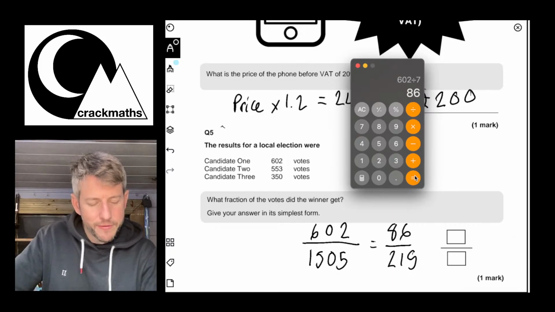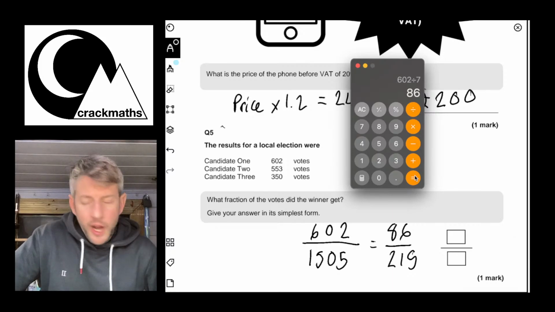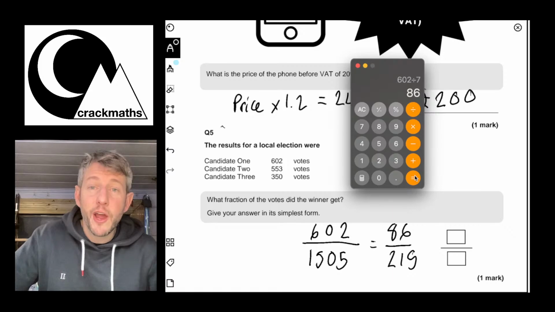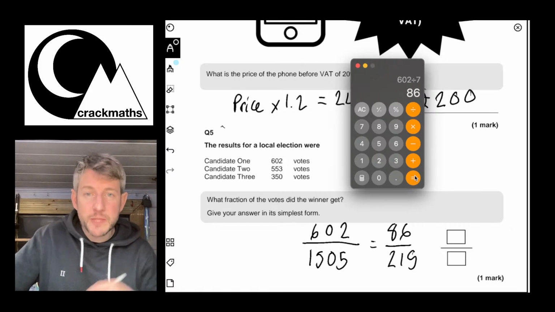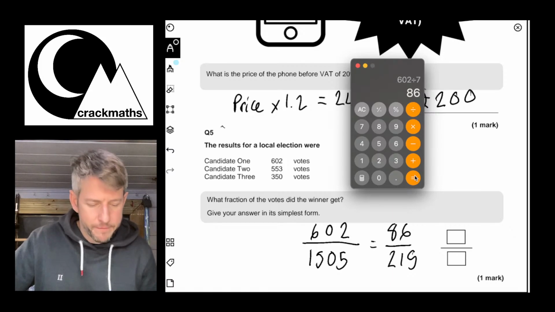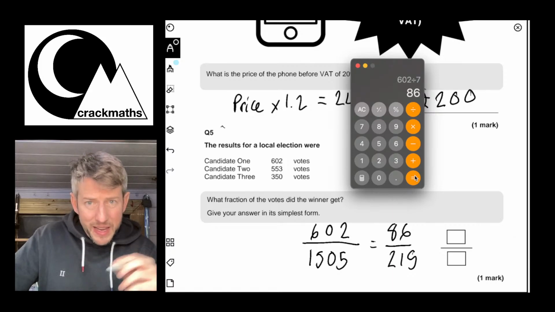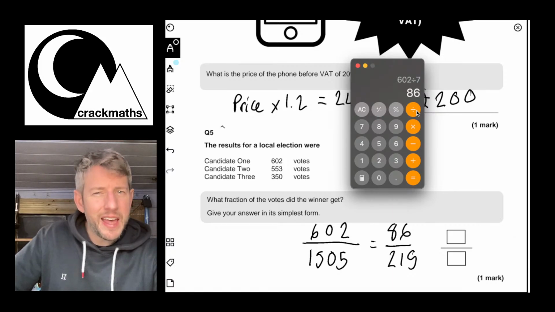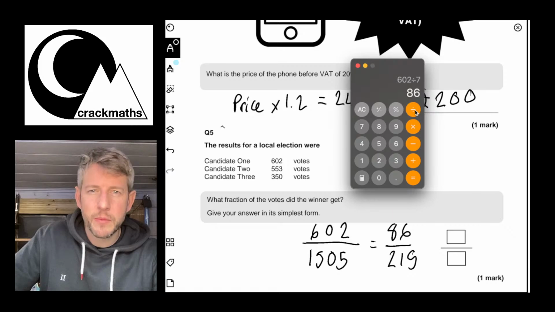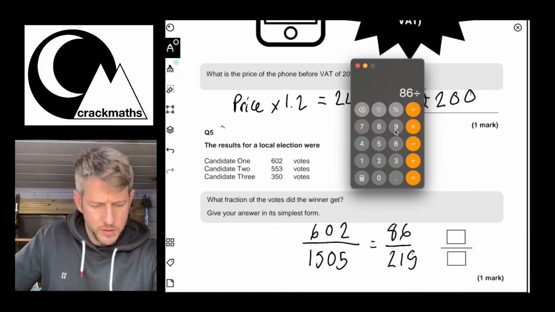They look like they might divide again. I know that they don't divide by 3, because if a number divides by 3, its digits add up to a multiple of 3. Maybe let's go with 7 again. I don't think 86 is in the 7 times table. Divided by 7?